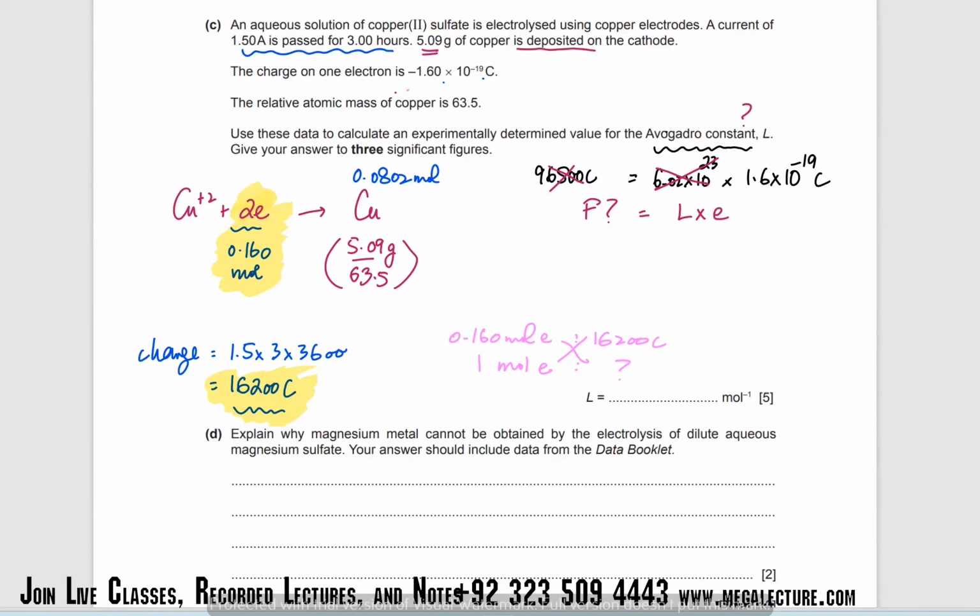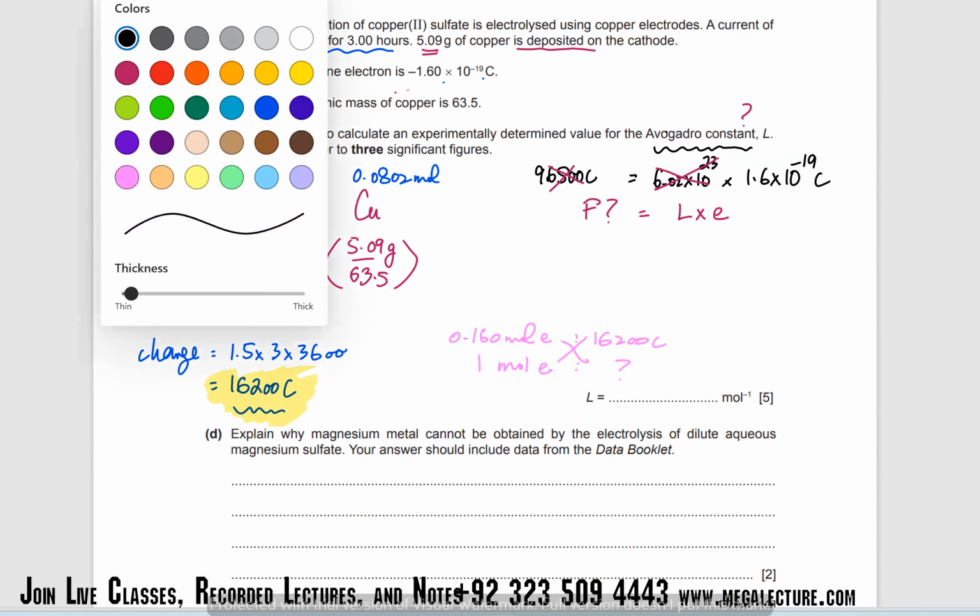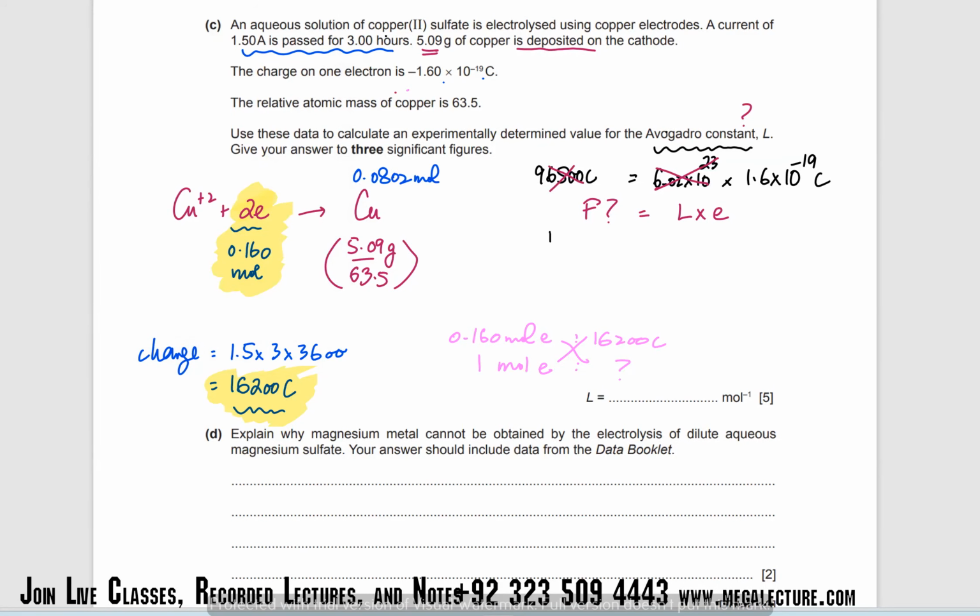So you're getting 101,250 coulombs, right? So your experimental Faraday constant is 101,250 coulombs. Now apply the formula, because you know the experimental Faraday constant. You don't know what the Avogadro's constant is. You know the charge on 1 mole of electrons, that's also given over here: 1.6 times 10 power minus 19.